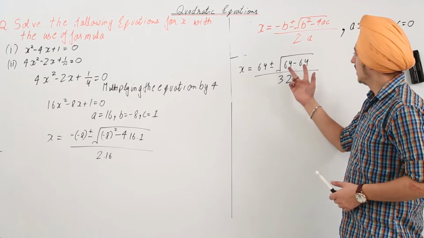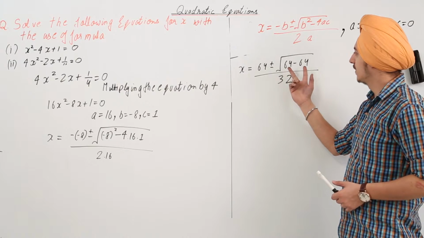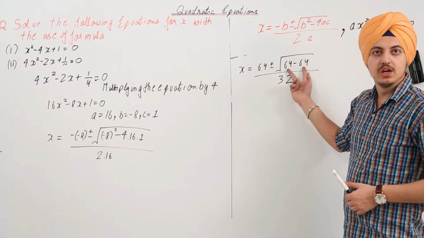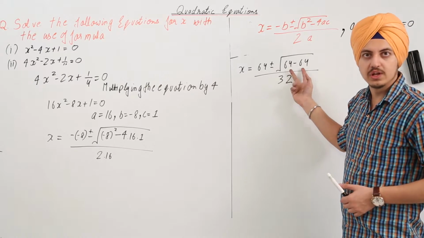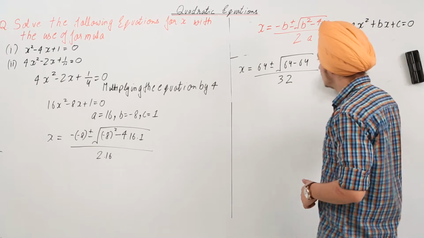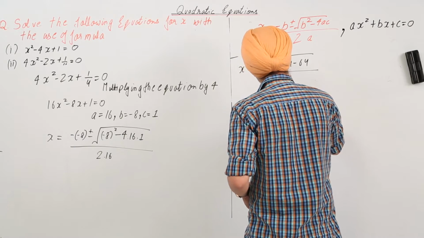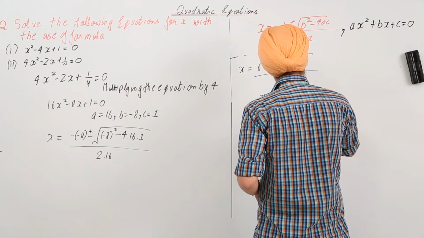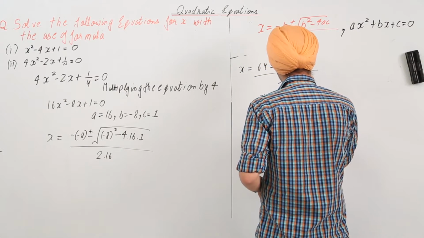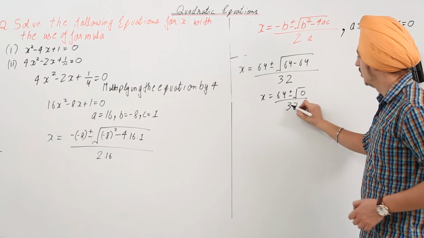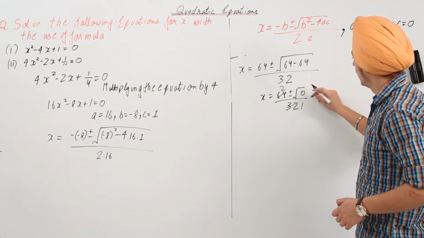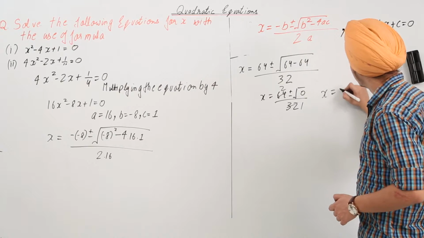So the value under the square root comes out to be equal to 0. So x is equal to 8 plus minus root of 0, that is 0. Now we have x equal to 1 by 4 .